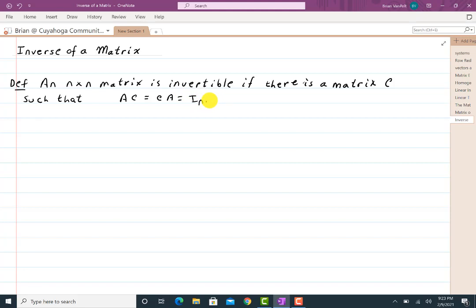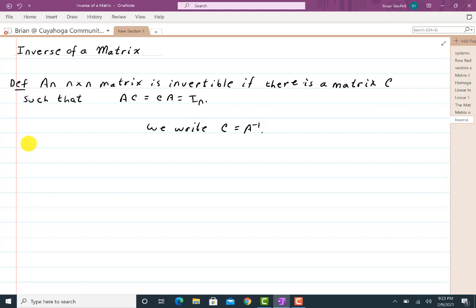Remember, when I write I_n, that means the n by n identity matrix. And we write C equals A inverse. So notice that it has to work on both sides when you multiply on the right or the left.